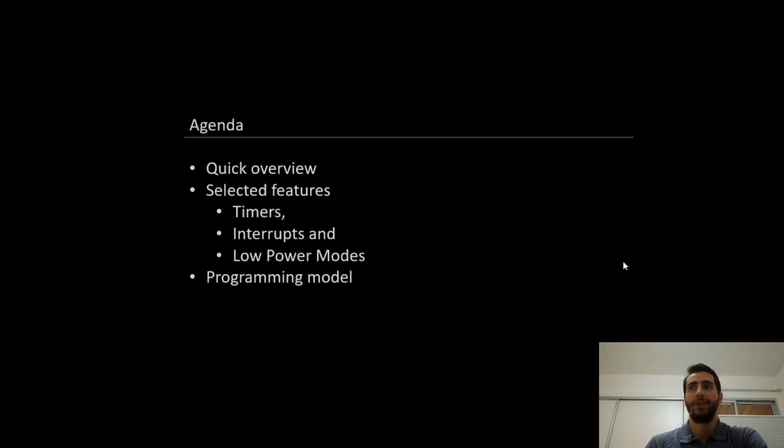So for the agenda, I've separated this talk in different parts. I'm gonna do a quick overview of what are the challenges and what are the problems that we face when developing software for nanosatellites.